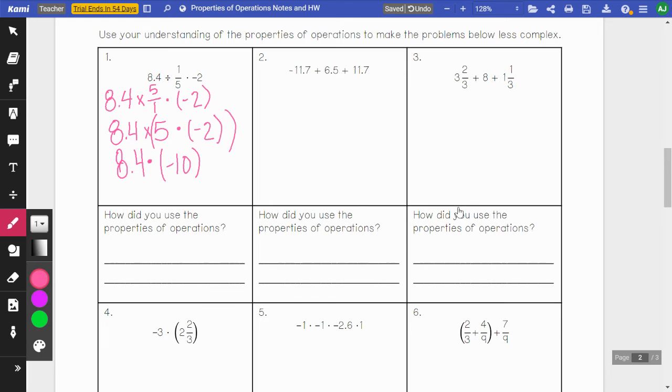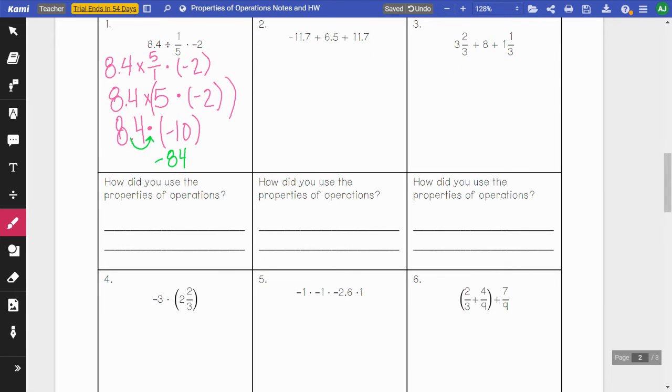Anytime you multiply by 10, 100, or 1,000, that's just moving your decimal place one place per every 0. So 10 only has 1 zero, so we move our decimal place one place. 8.4 times negative 10 is going to be negative 84. It says, how did you use the properties of operations?